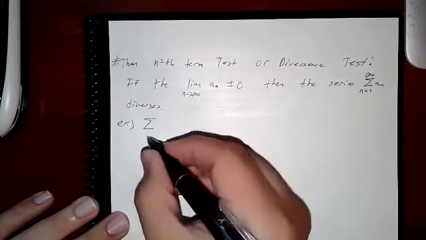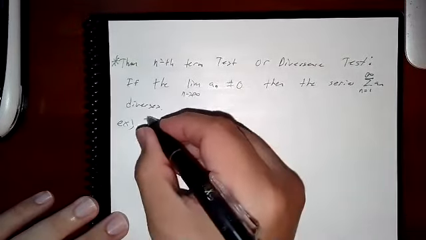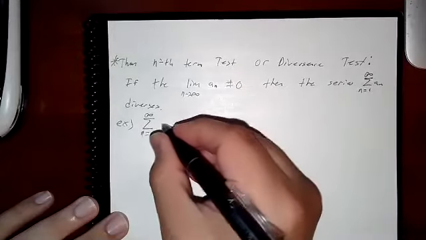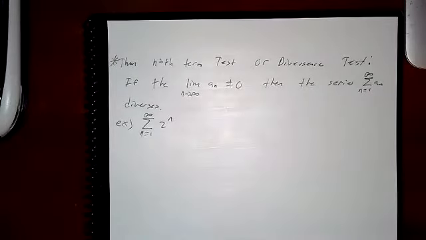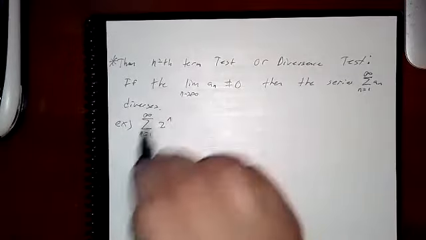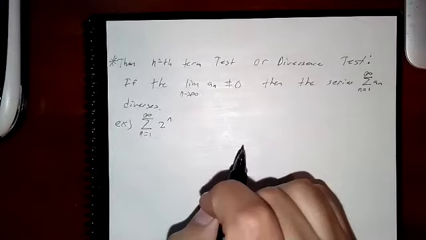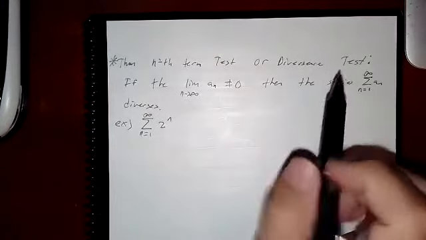The sum of n equal to 1 to infinity of 2 to the n. So your job is to look at it and say, okay, does it diverge or converge, right? That's what you're going to be doing over and over again in this chapter 9. Is checking and testing. So what you can do, you say, well, I'm not sure which test to use, but the first thing you should always do is the divergent test, the nth term test.